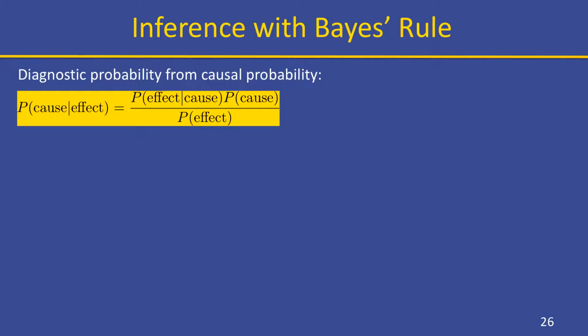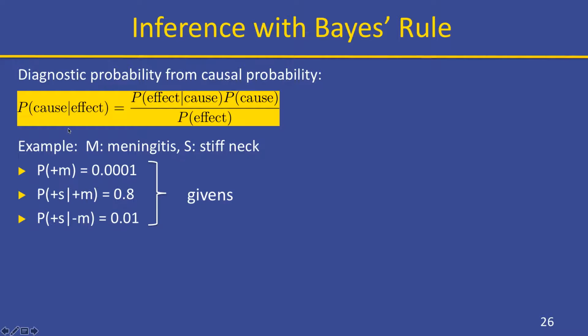So let's look at another example where we use Bayes' rule for diagnostic probability. Let's say the random variable m represents the fact that a patient has meningitis. Random variable s represents the fact that the patient has a stiff neck. We are given the marginal distribution for the cause, P of plus m, meningitis.